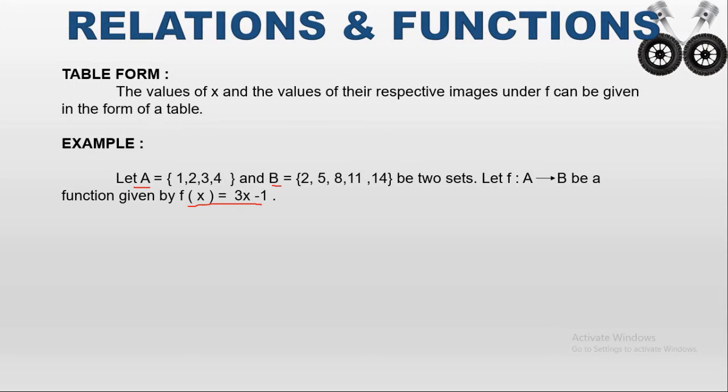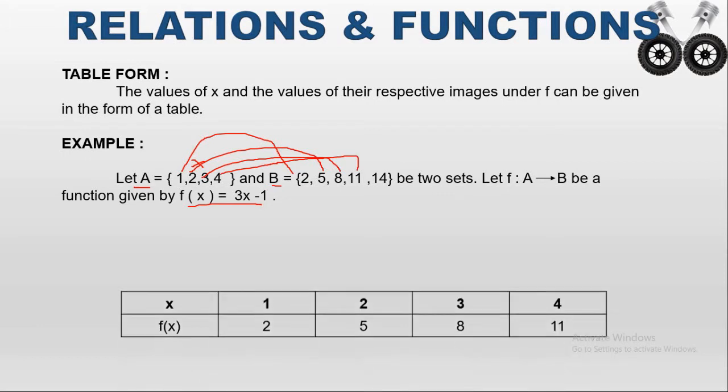That means the set A contains the elements x, and the set B contains the images of x. For the element 1, the image is 2. For the element 2, the image is 5. For the element 3, the image is 8. For the element 4, the image is 11.